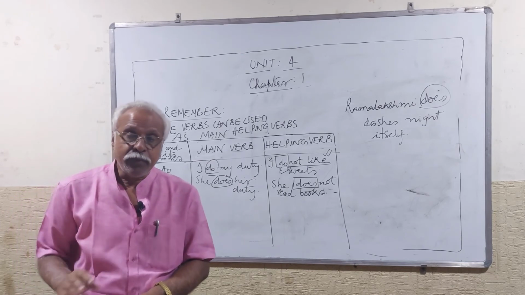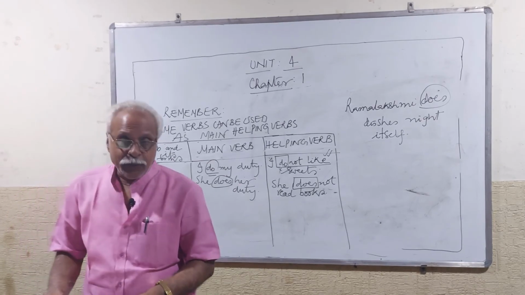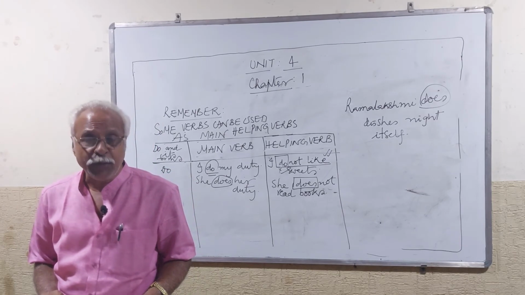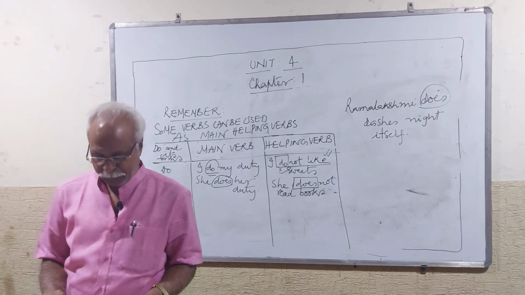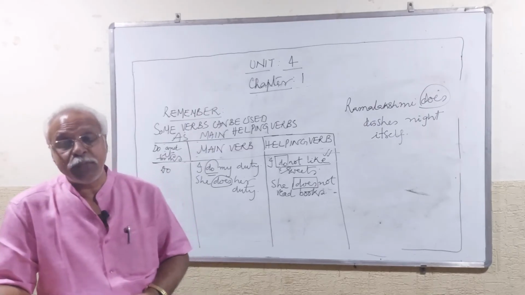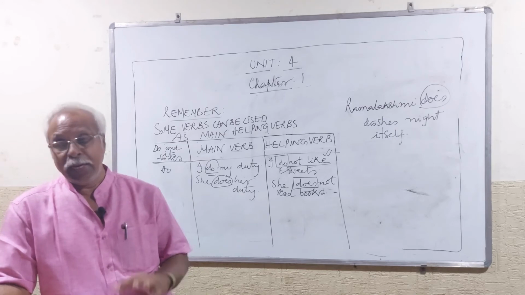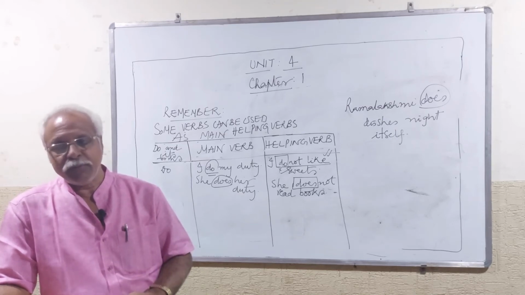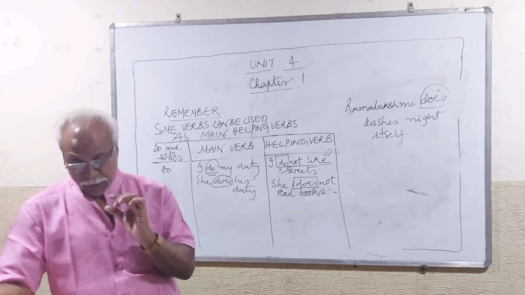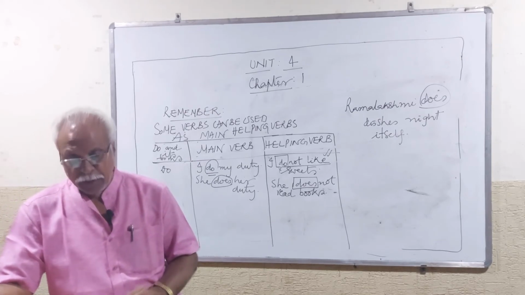And the last use of do, which is wonderful, which is highly useful in our day-to-day life. So far I have mentioned 9 uses of do. And the last one, the 10th one, I have come. And here, it's a very useful one for you.